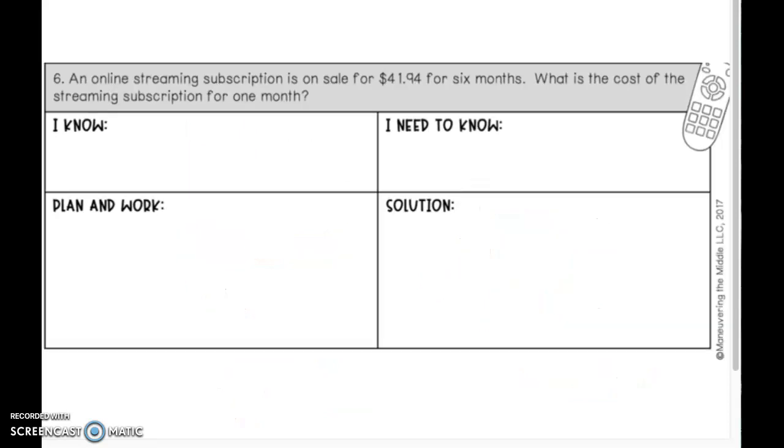An online streaming subscription is on sale for $41.94 for 6 months. What is the cost of the streaming subscription for 1 month? We know that it is $41.94 for 6 months. What do we need to know? We were looking for per month.